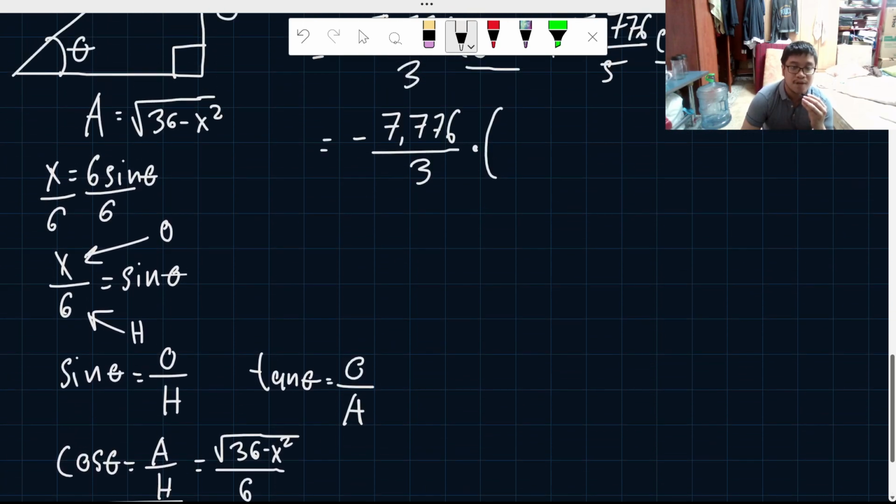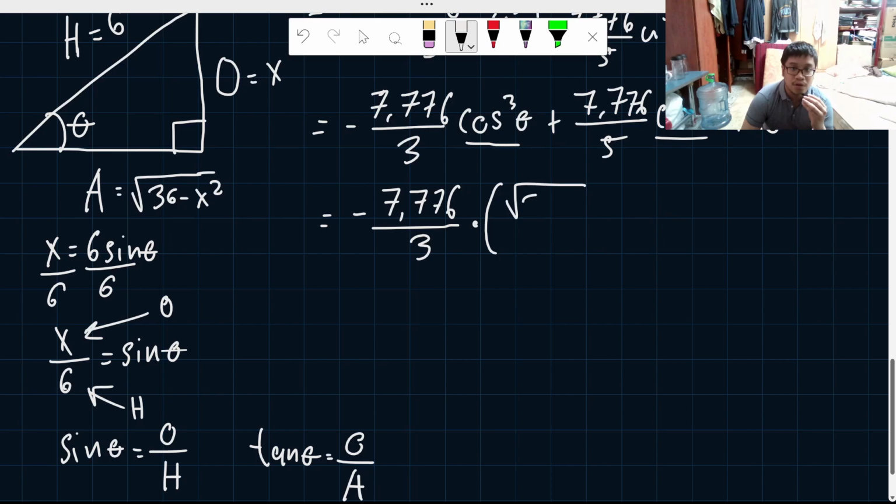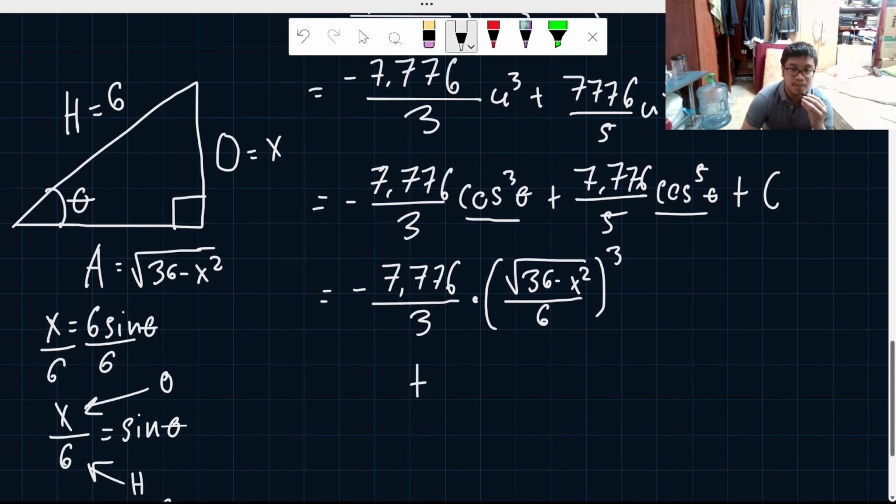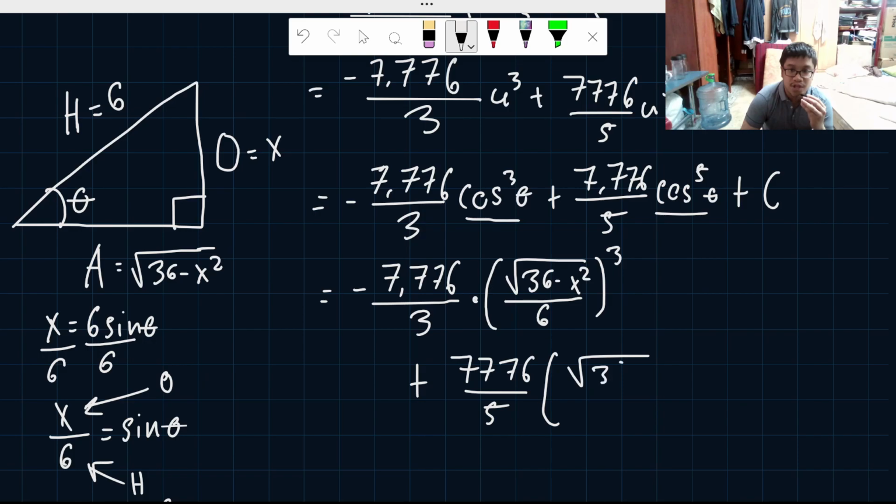So here we will have once again the square root of 36 minus x squared, all over 6 cube, plus, let me put down the other terms here, plus 7,776 all over 5 times the fifth power of the square root of 36 minus x squared all over 6, plus c.